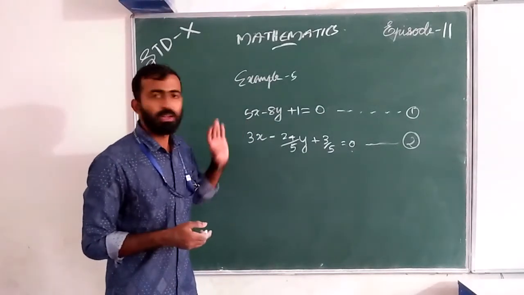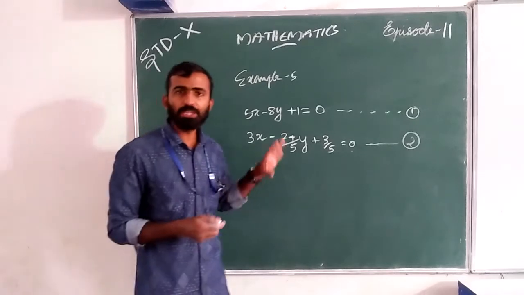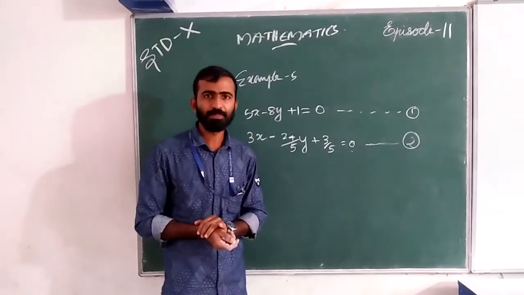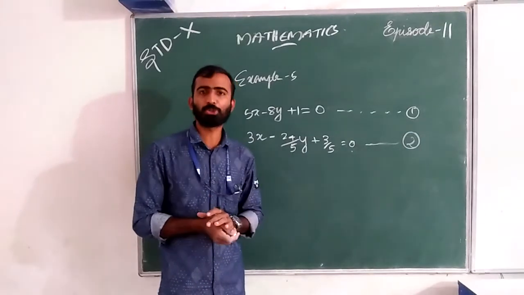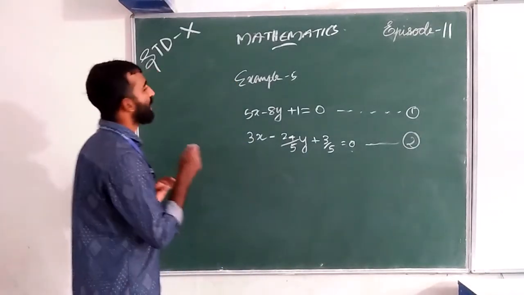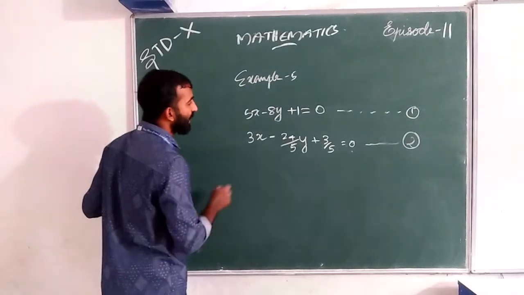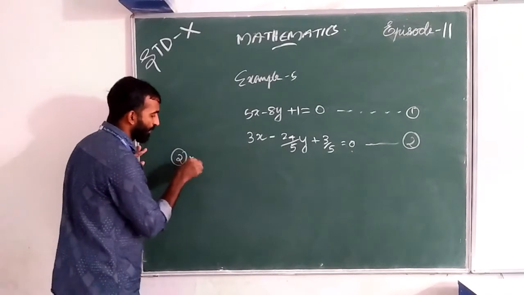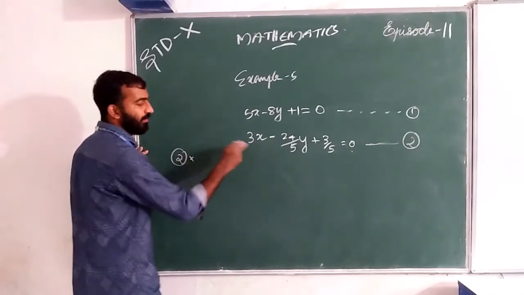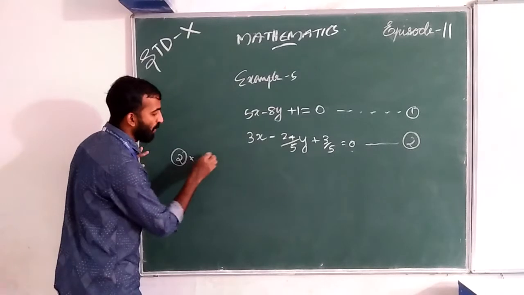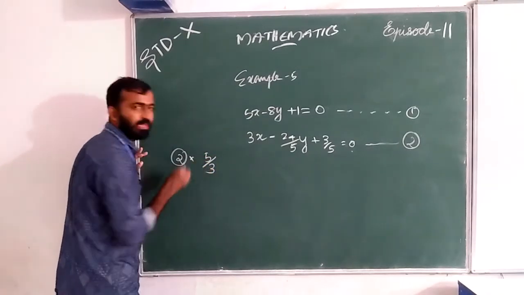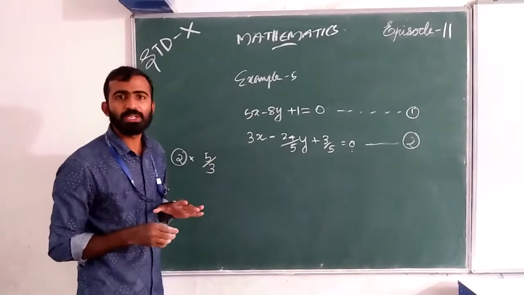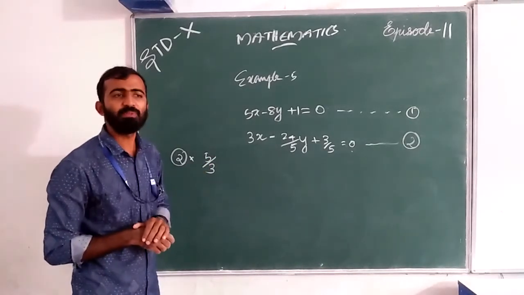Then we can draw the graph of these two equations. When we multiply equation number 2 by 5 by 3, what do we get?